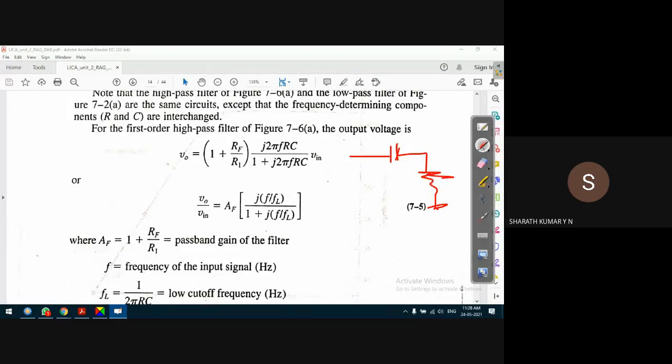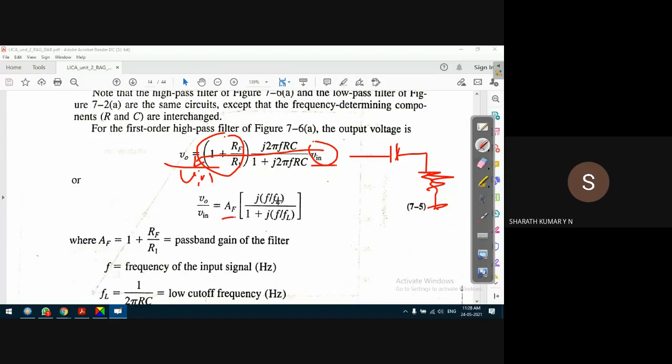So we can write the output voltage as equal to gain into input voltage. The input voltage can be represented like this: j2πFRC divided by 1 plus j2πFRC. So output by input represents the gain, which is nothing but AF, the gain of the non-inverting amplifier.